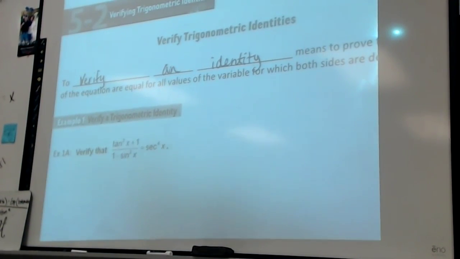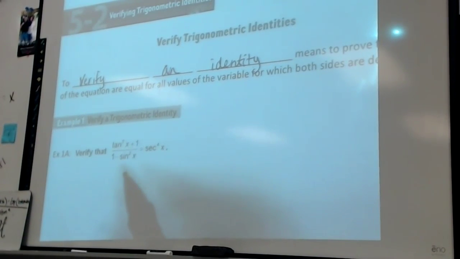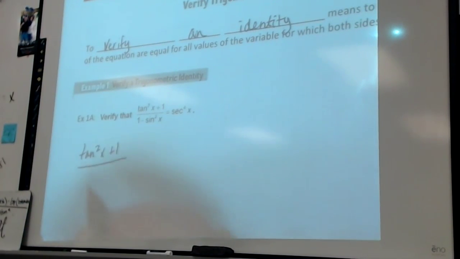So you usually want to start with the more complicated side and work it until you get the least complicated side, okay? So we've got tangent squared x plus 1 over 1 minus sine squared x.